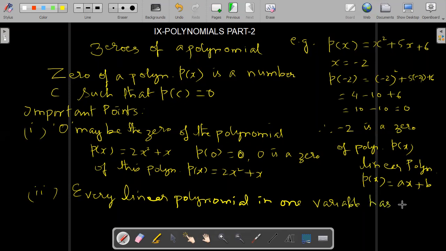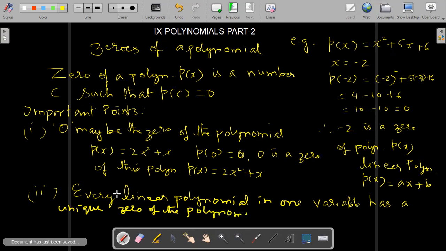It has only one value. Unique zero of the polynomial. Okay, got it?